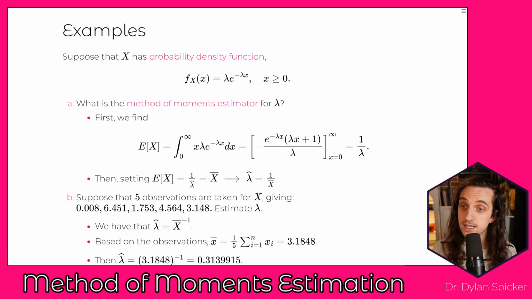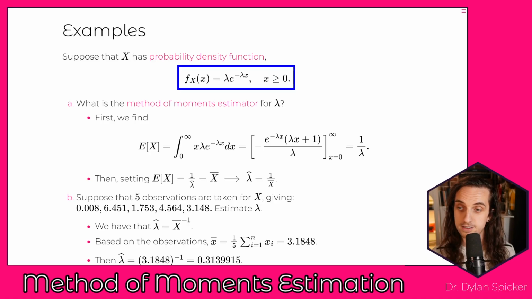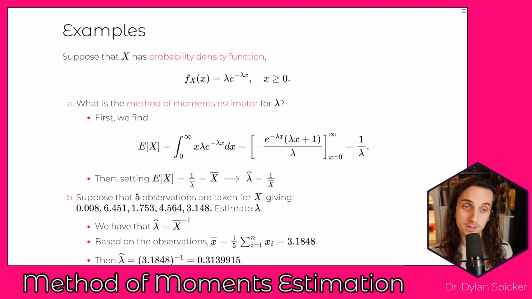Okay, and so this allows us to estimate lambda even if we don't know anything else about this distribution other than its density. We can end up getting a value that estimates what lambda has to be based on some observations from it.